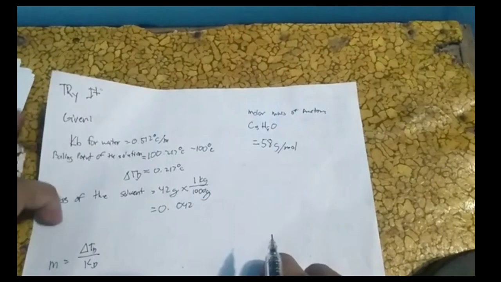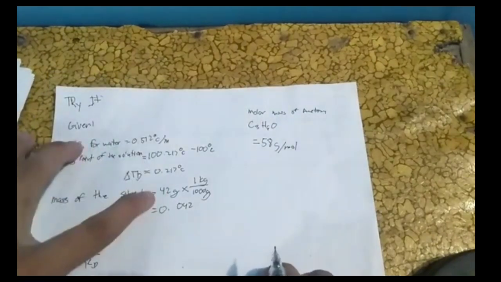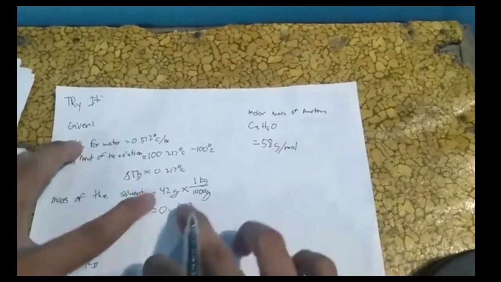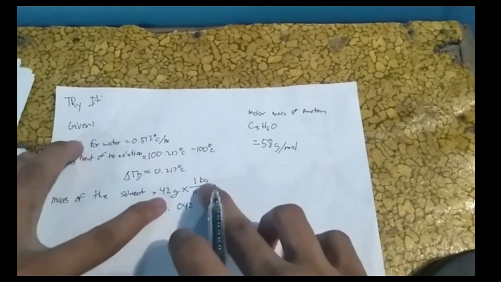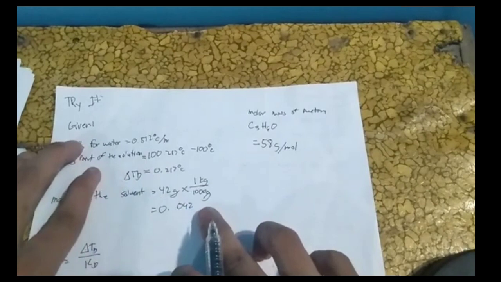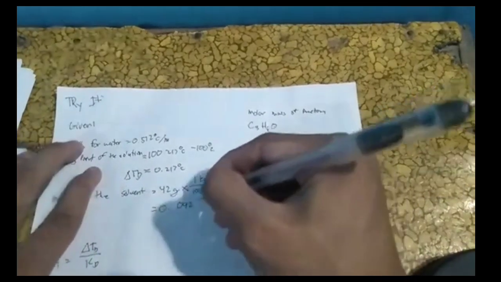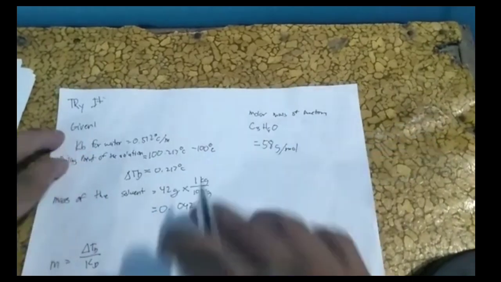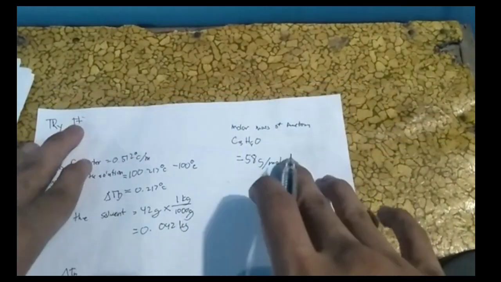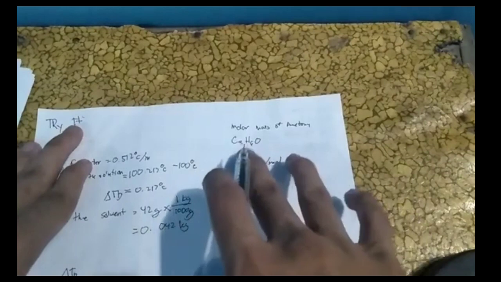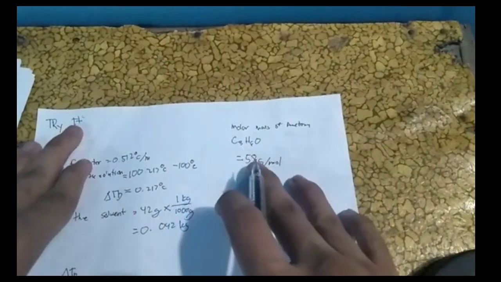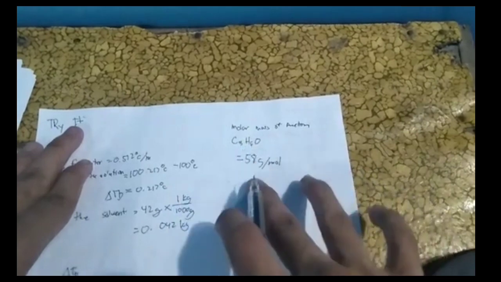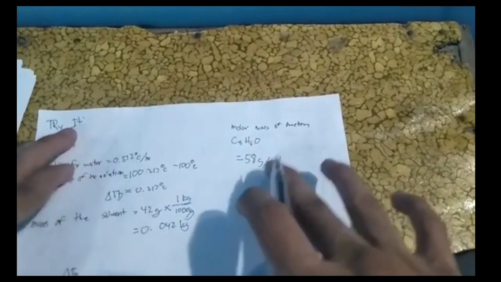For the mass of the solvent, you have 42 grams, but we have to convert it into kilograms. So we have 42 grams multiplied by 1 kilogram divided by 1000 grams. So we have 0.042 kilograms. And for the molar mass of acetone, you just have to multiply and add it. So we have 58 grams over mole.